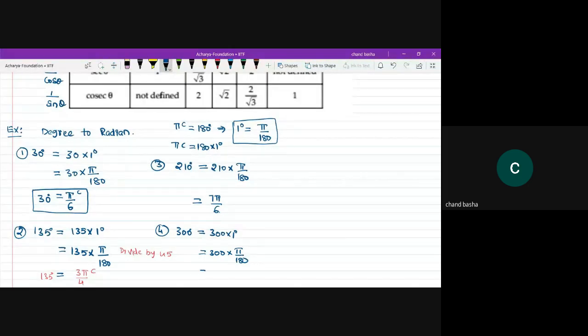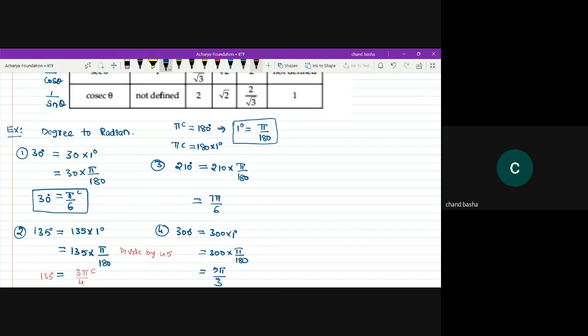Divide by 60, so it is 5 pi by 3. 5 pi by 3. Right?